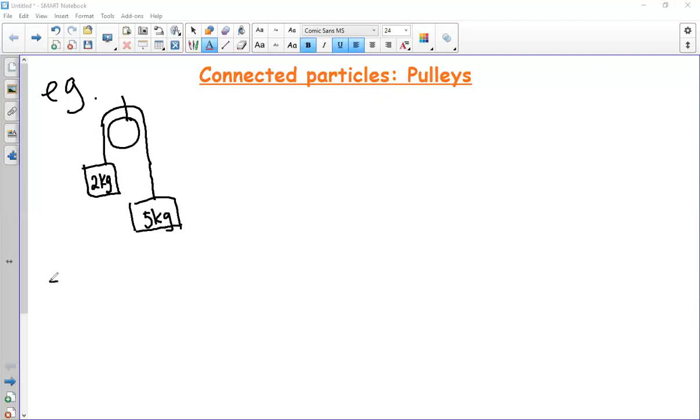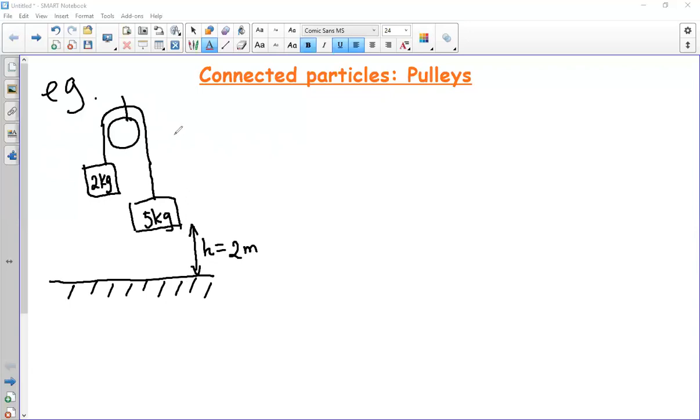Okay, and here's the ground. And let's say it's given that the height between the 5 kilogram box and the ground is 2 meters.